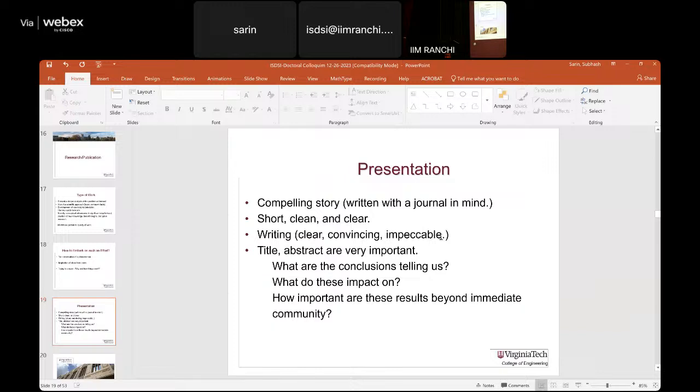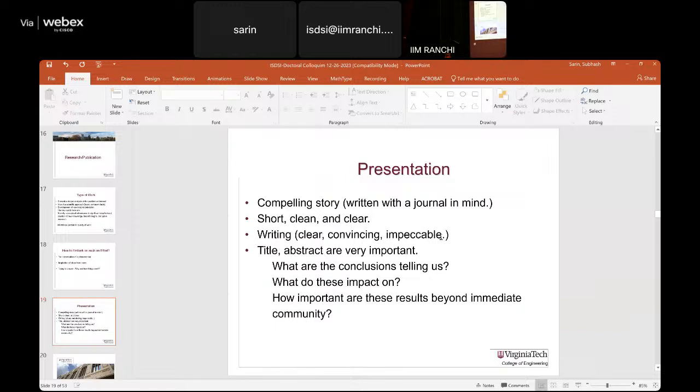So you mention what the conclusions are, what these impact, and how important these results are beyond the immediate community, and so on. You have to be very careful in presenting the ideas. You may have good ideas, but if you don't present them the right way, or don't write in the right kind of language, they may not be understood and therefore not accepted.